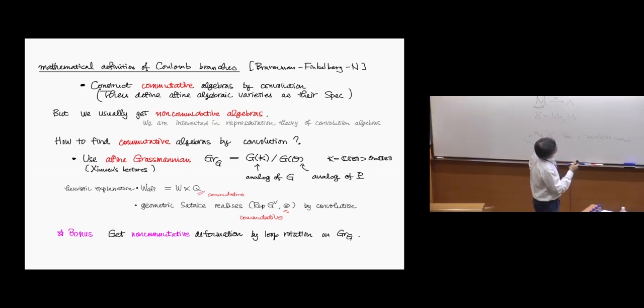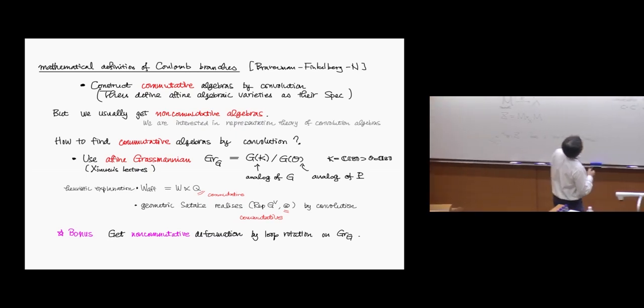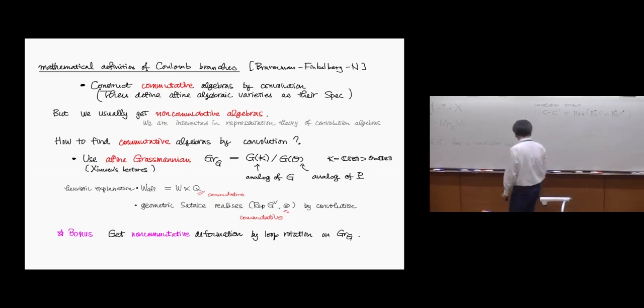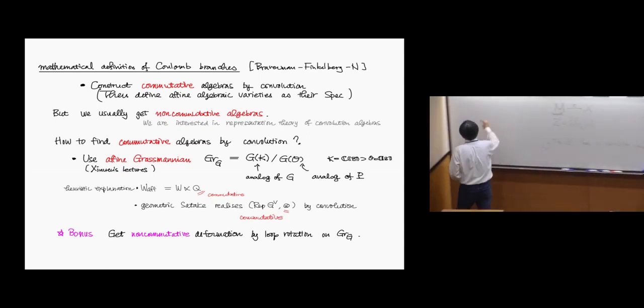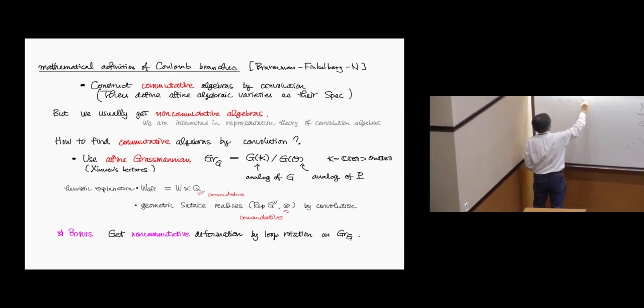I use this notation, G of K and G of O. K is formal Laurent power series, and O is formal power series.